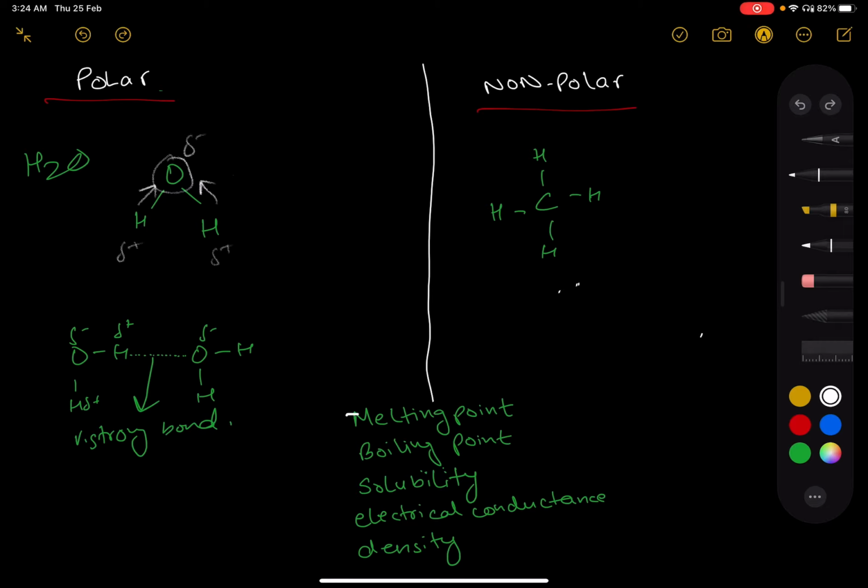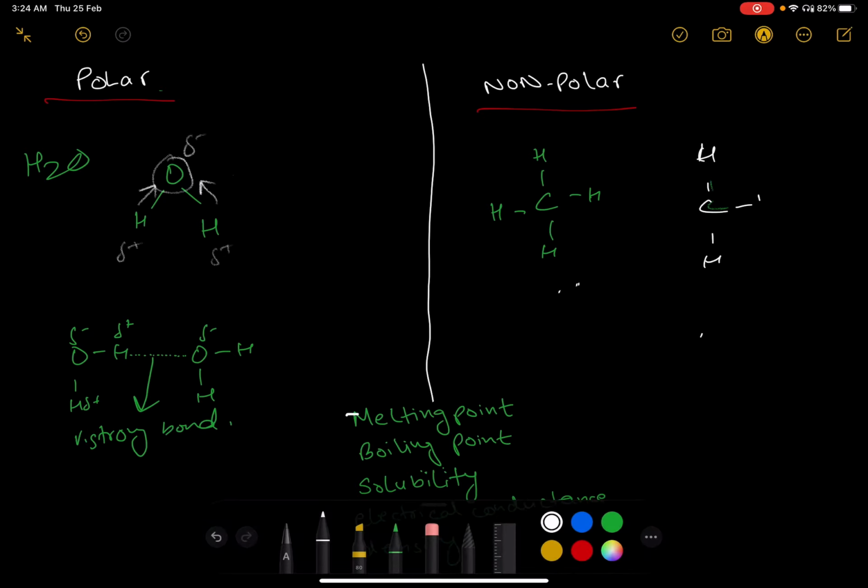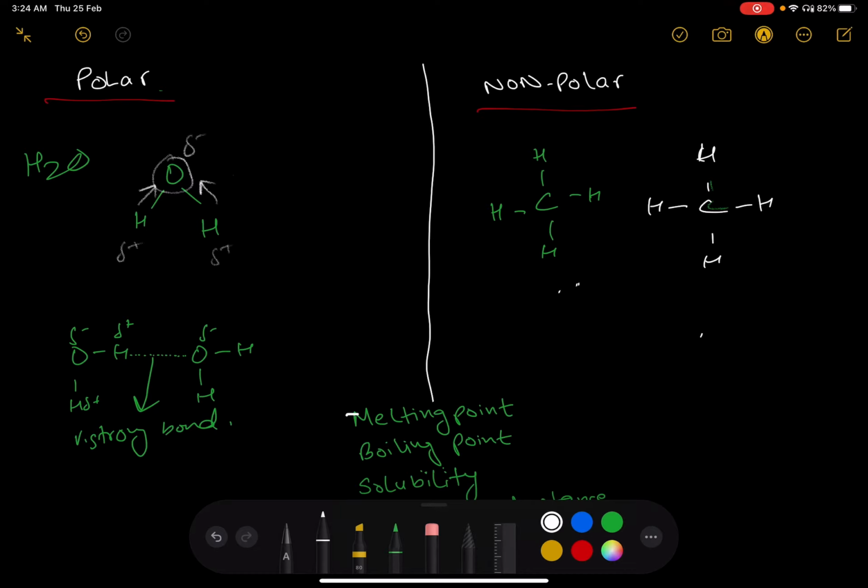Now, does that mean that methane molecules won't be attracted to other methane molecules? No, not at all. Let me draw a methane molecule. There may be some instances where electrons are deviated.